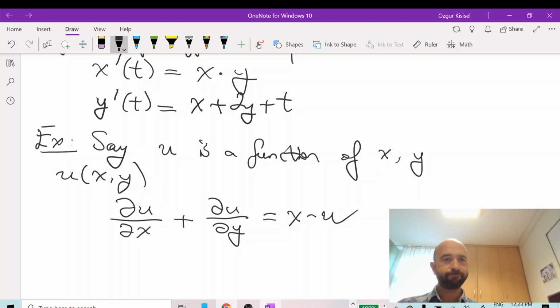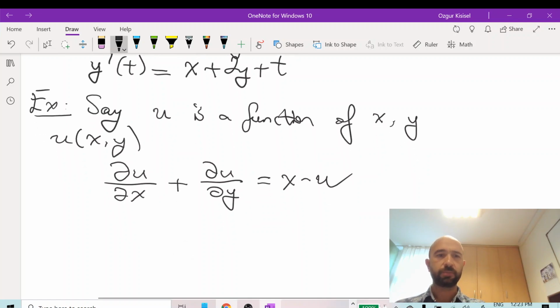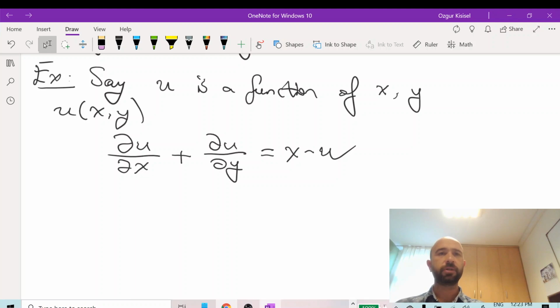Again, this is just some arbitrary equation, but the important thing for this example is that you need partial derivatives because you have a multivariable function. There's a distinction between the case where you have partial derivatives and where you have simple derivatives, so that brings up this important definition.